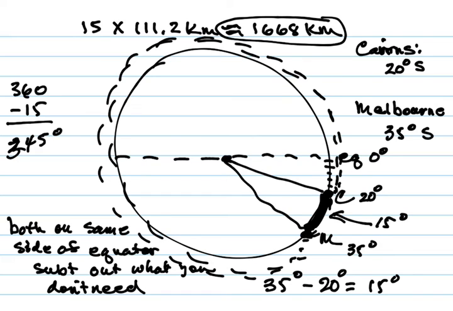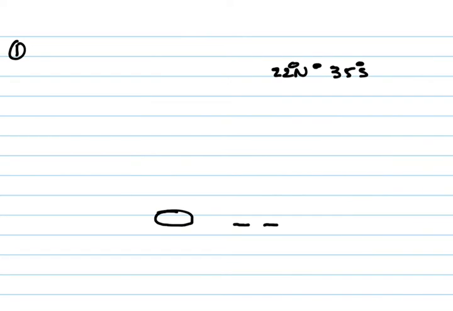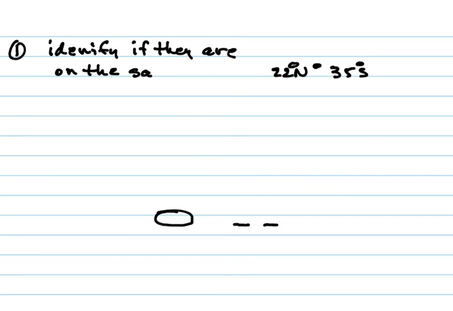Okay? All right. So we're going to look at a couple of these. We're just going to go to the exercises and do some examples. So for any problem, your first steps should be to identify if they are on the same great circle.